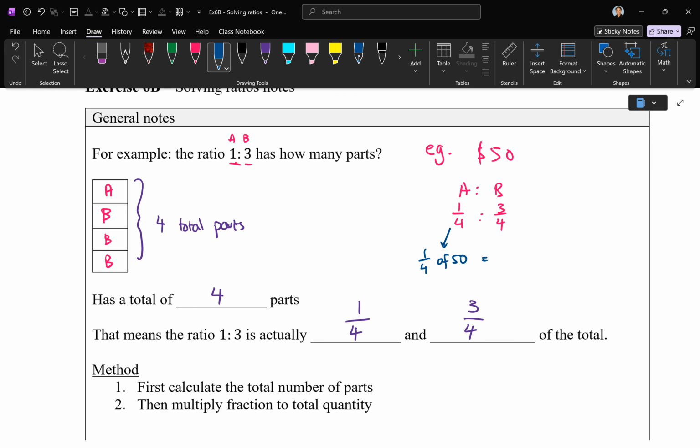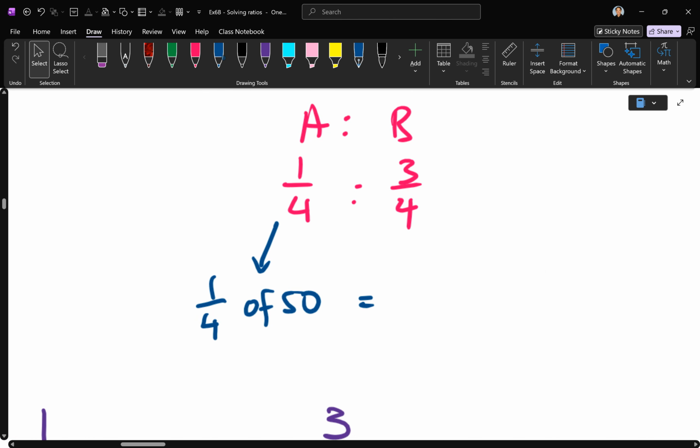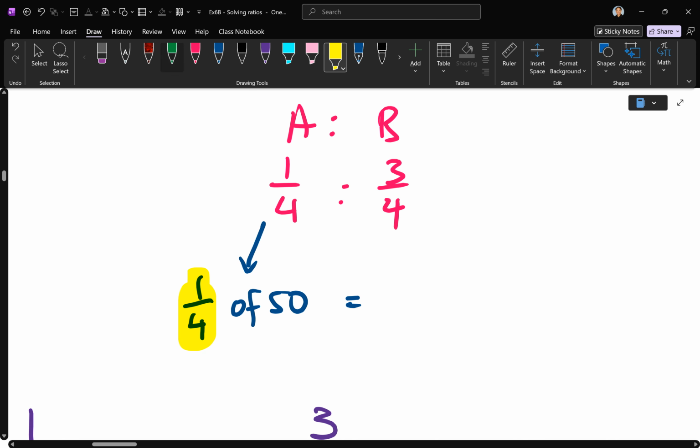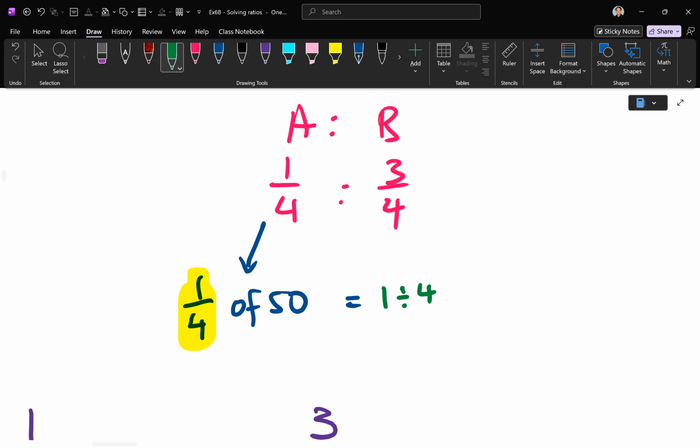Very good. So 1/4, a lot of students don't realize this, that 1 over 4 just means 1 divide 4. Of is not division. Of is multiplication. So you're really saying 1 divide 4 times 50.